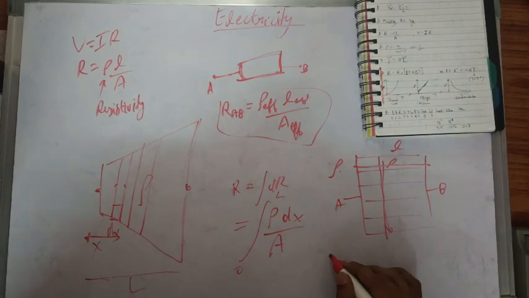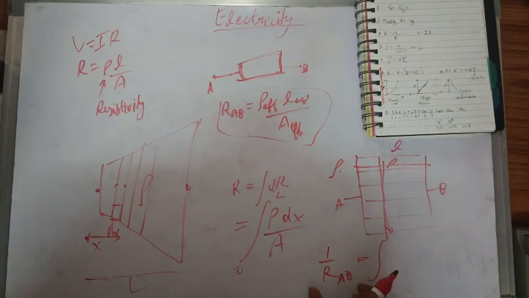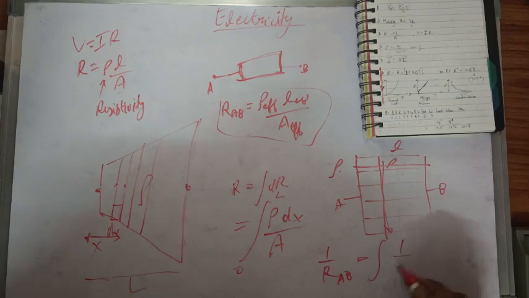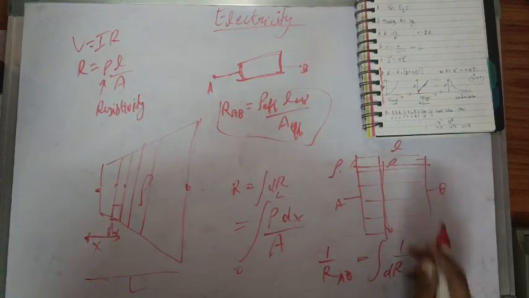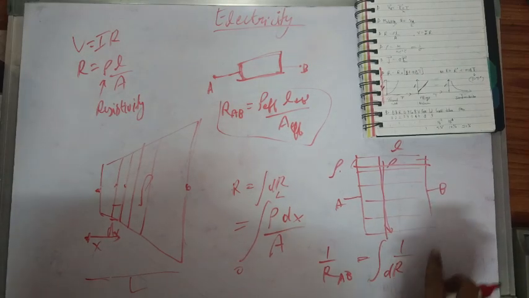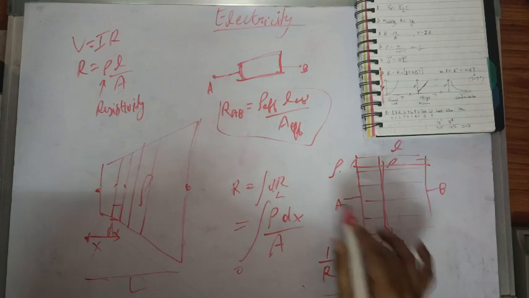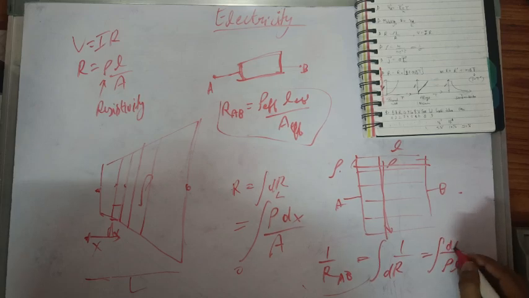So 1 over R_AB is equal to the summation of the resistors in parallel, given by the resistance of this small element, which is dR. The sum of reciprocals of all these resistors will give the reciprocal of the net resistance between them, which is rho L by dA.